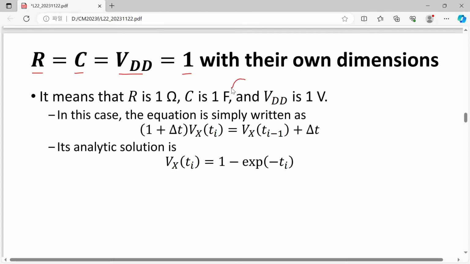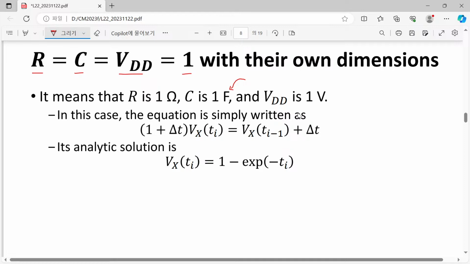Maybe you say that, okay, this is too large. Yes, I know. Actually, the farad capacitors of our transistors can be much smaller, nanofarad or picofarad or sometimes femtofarad. So this is an extremely small quantity, but I just wanted to show the relative importance of delta t. So all of these quantities are just set to be 1.